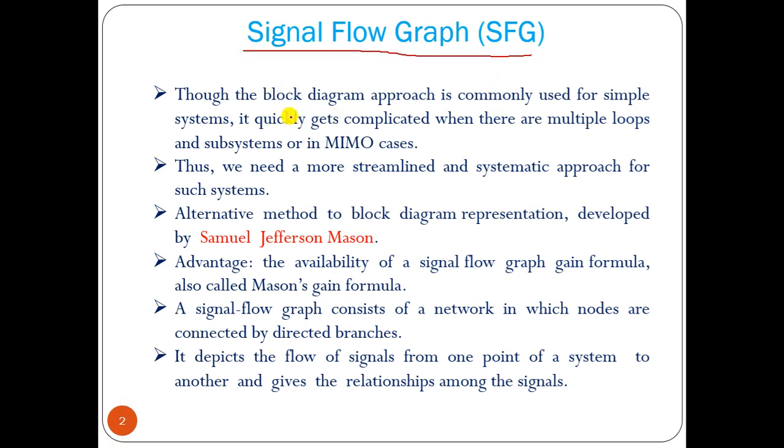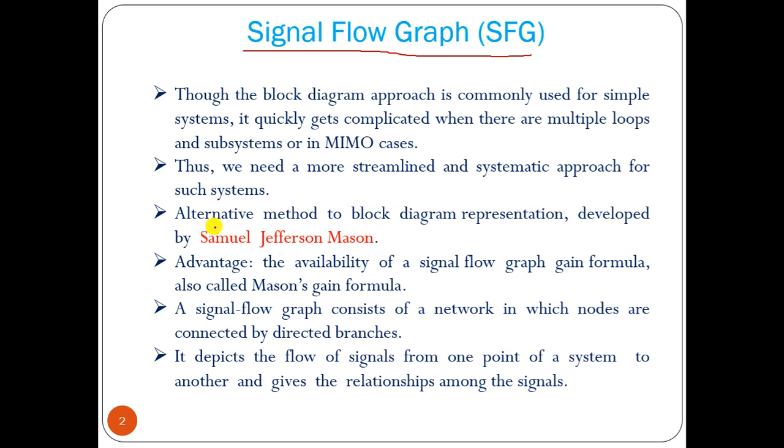We already studied that the block diagram approach is commonly used for simple types of systems, and it quickly gets complicated when there are multiple loops and subsystems, like in the case of multiple input multiple output cases. Thus we need a more systematic approach for such systems.